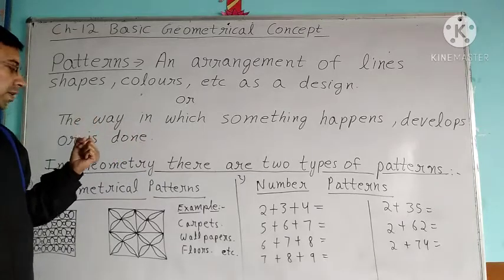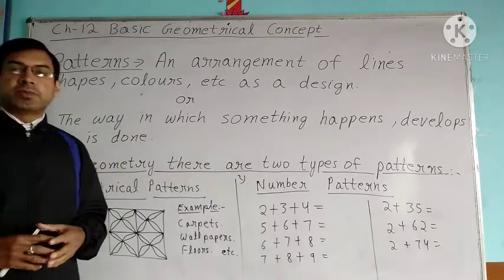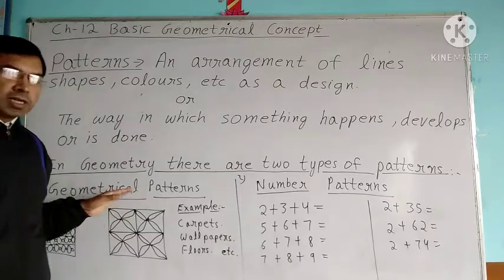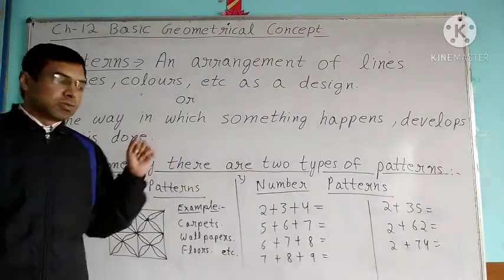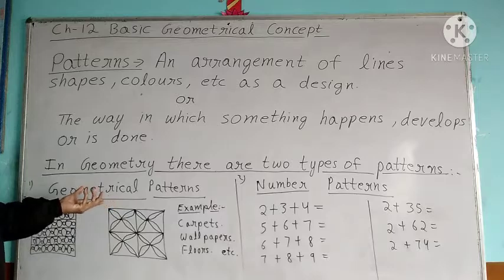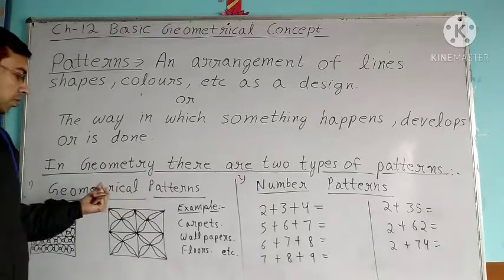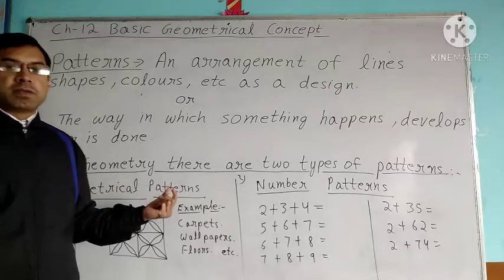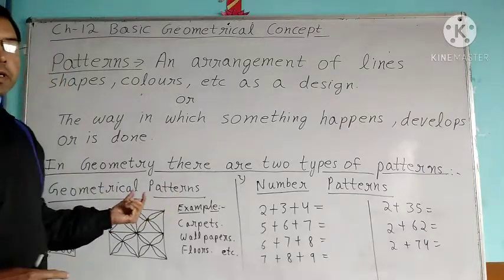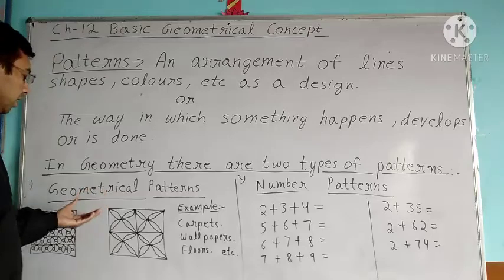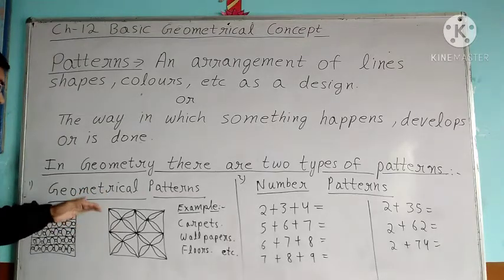That is pattern. In geometry there are two types of pattern: geometrical pattern and number pattern. Geometrical pattern is formed by geometrical shapes. Whatever shape is formed is repeated at regular intervals over a surface.